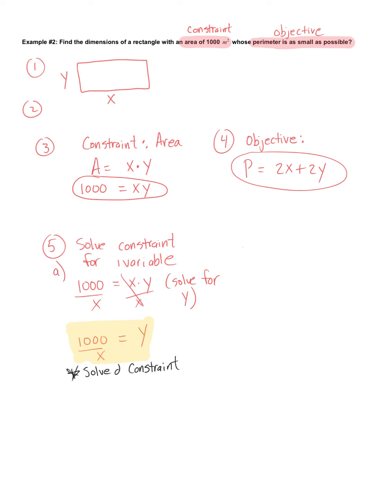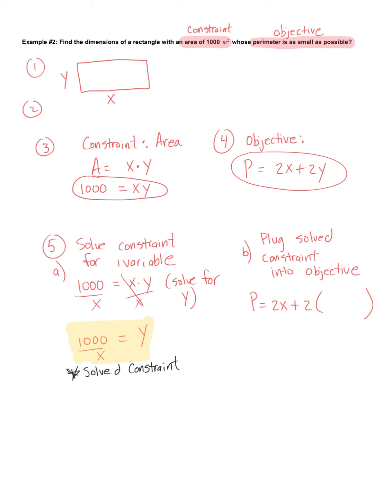Now the second step, plug the solved constraint into your objective. All right, so I like to just bring my objective down right here. Perimeter is equal to 2x plus 2y. But instead of y, I put in what y is equal to.